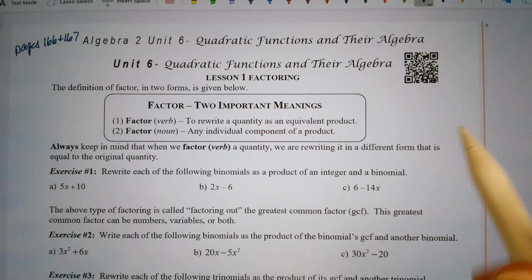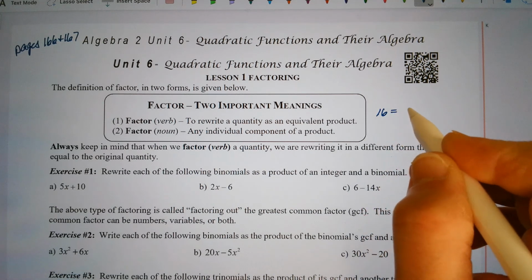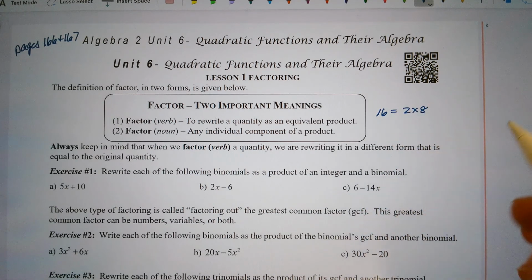As a verb, it is to rewrite a quantity as an equivalent product. Like if you were asked to factor 16, it's equal to 2 times 8, or 4 times 4, or 1 times 16. Factor as a noun is an individual component of a product.